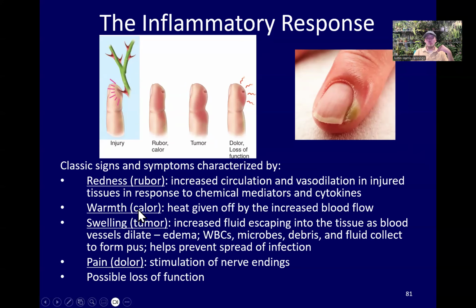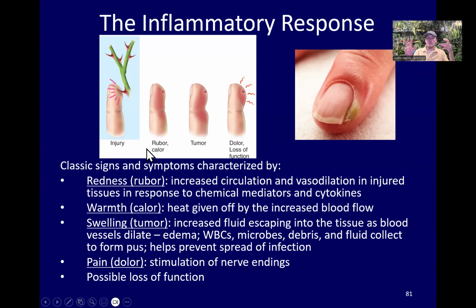You have increased warmth, an increased temperature. Bacteria have specific growth requirements, and if you increase the temperature, it might make it less advantageous or harder for the pathogen to grow.